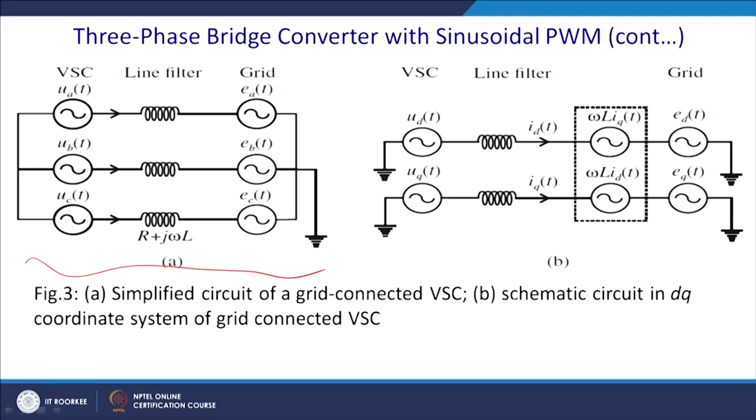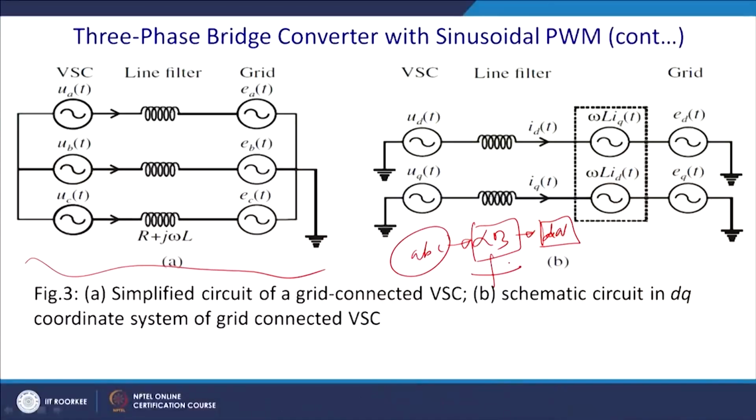So, what essentially you require is to transform the ABC parameters to alpha beta, this is called the stationary reference frame, and it will have 2 axes, and when this alpha beta is rotated in a synchronous frame, then the quantities at 50 hertz become stationary.